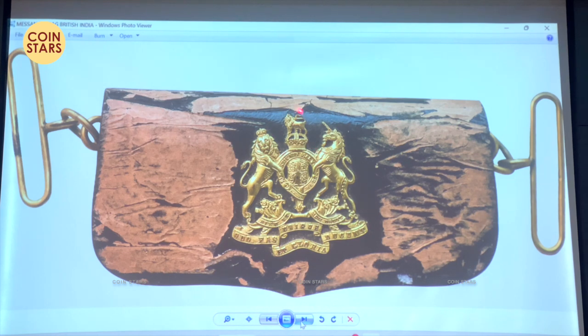This again is a British government monogram with the leather bag. Is this also a bullet carrying thing? Yes. Kitna? Next.